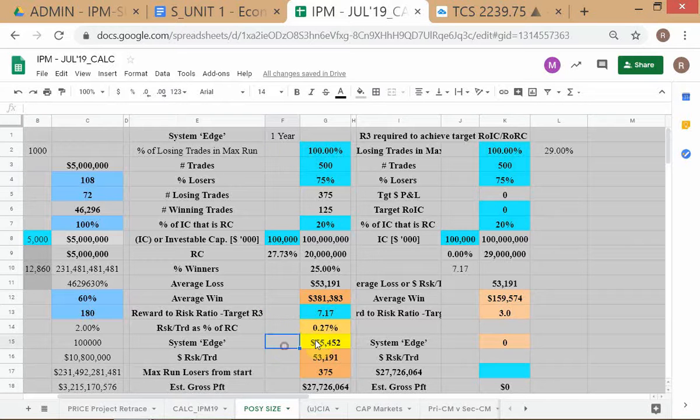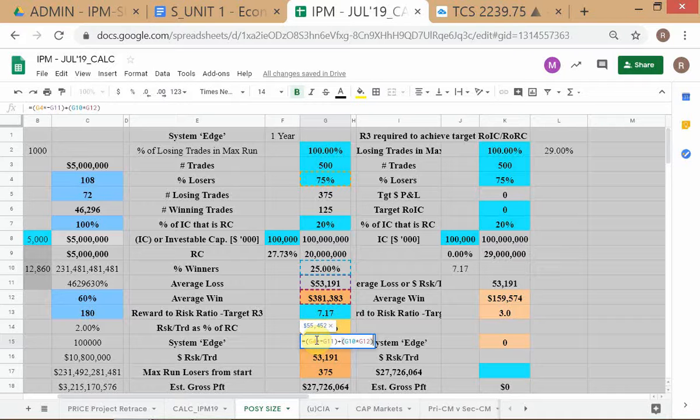Yeah, the system edge is here, where we multiply the probabilities and the outcomes. Where is that figure? Here, G15. The row is G15. System edge. It's all labeled properly.